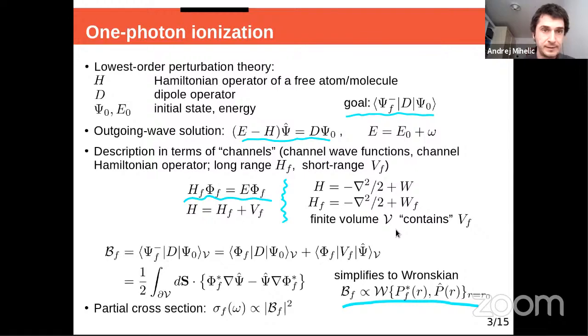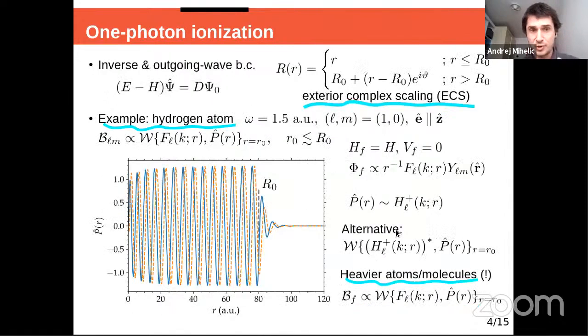Now, in order to solve the driven Schrödinger equation and to impose the correct boundary conditions, we can use the method of exterior complex scaling, which is based on a complex transformation of coordinates outside of radius R0, which is called the scaling radius. And this is what we have done here for the case of the hydrogen atom.